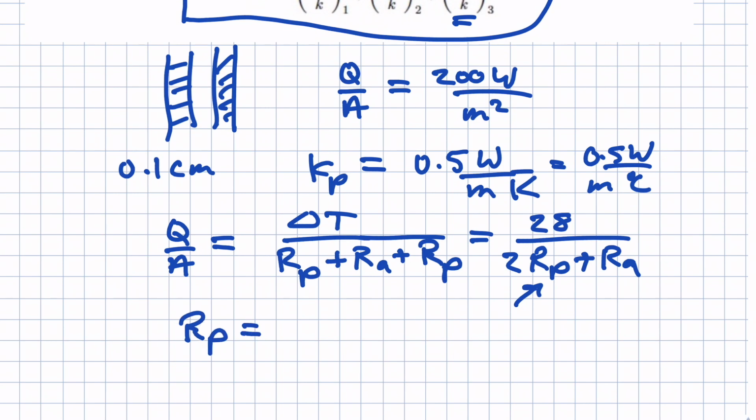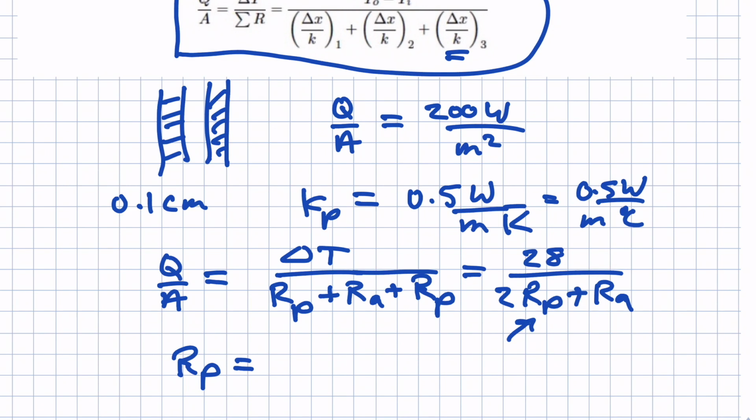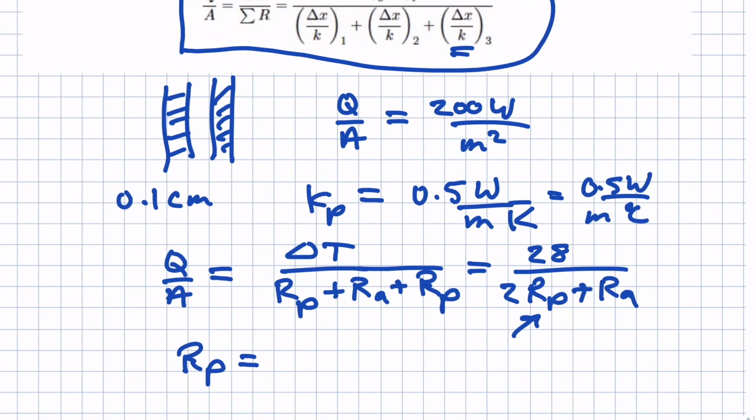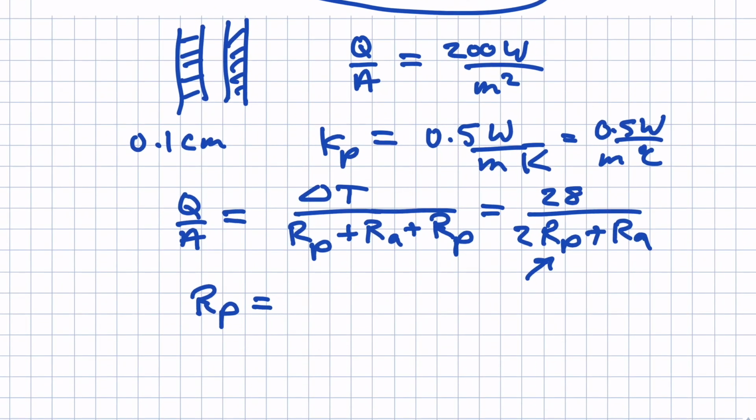Okay, so next we need to eliminate this RP variable, and we can because we know the thickness of the plastic. Again, paying attention to the units, we were given that the thickness of the plastic is 0.1 centimeters. So what we have to do is convert centimeters to meters because we need a dimensionally consistent set of units, and the values for the conductivity have meters.